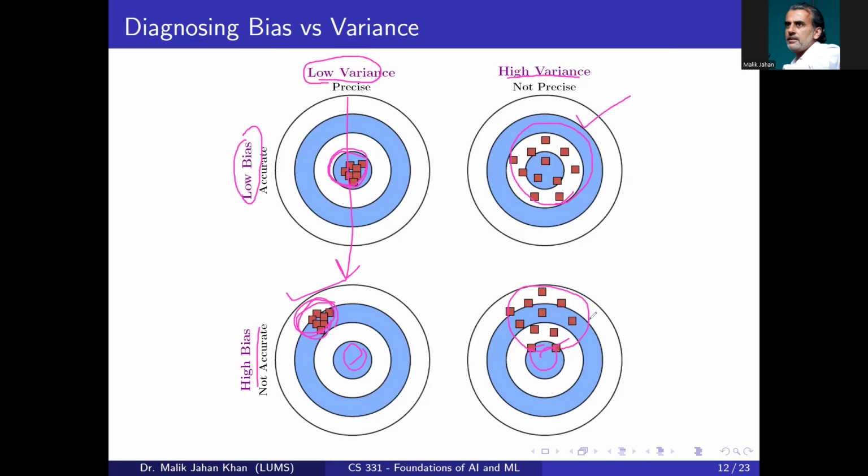And within those dart throws, there is a reasonable spread. That means that you have somehow induced high variance as well. So this last figure represents high bias as well as high variance, which is the worst situation where a model can end up.